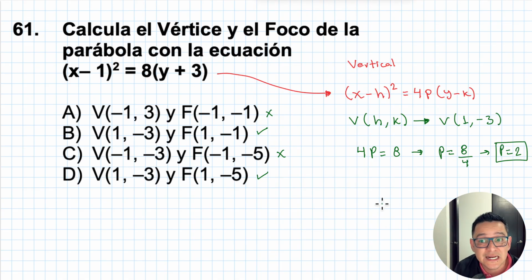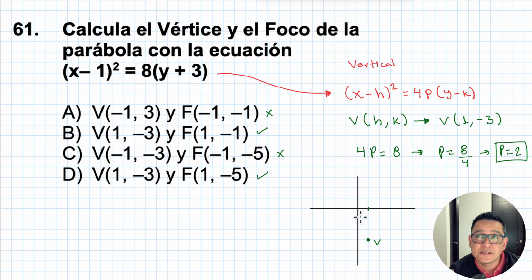Let me quickly draw the Cartesian plane here, even if it's brief. We already know the vertex is at (1, −3), so let me put it here. The focus will be 2 units above the vertex. Why above?